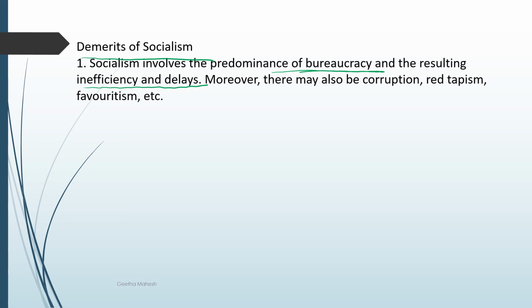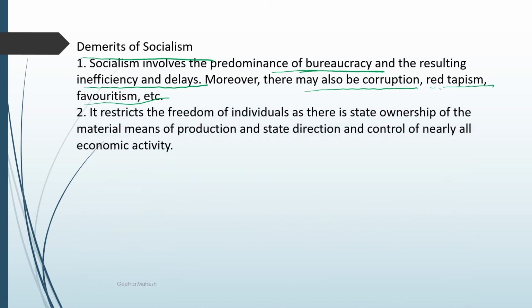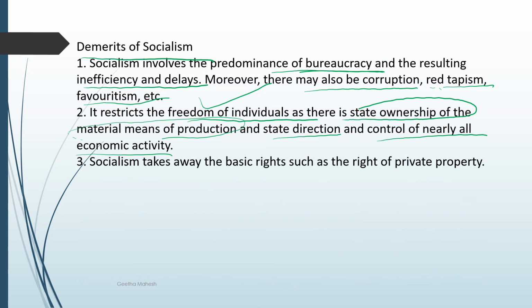Moreover, this may lead to corruption, red tapism and favoritism, etc. It restricts the freedom of individuals. State ownership of the material means of production, and state direction and control of nearly all economic activities, will act as a restriction on the freedom of individuals.